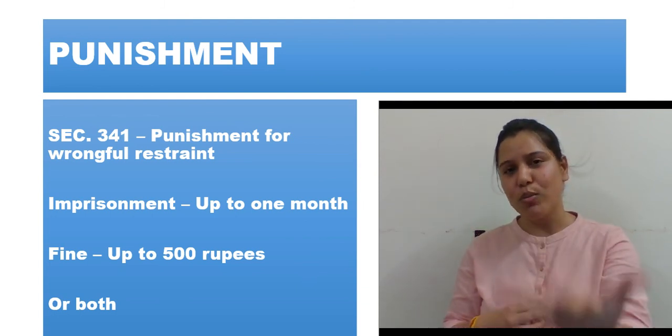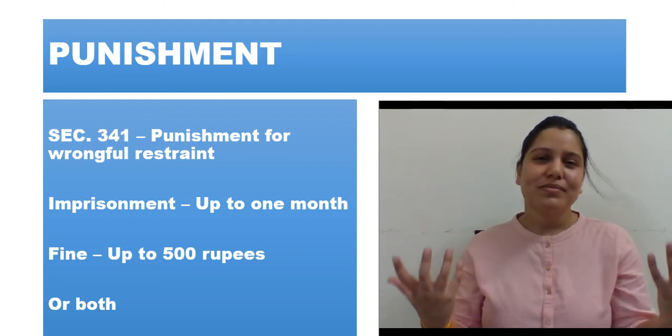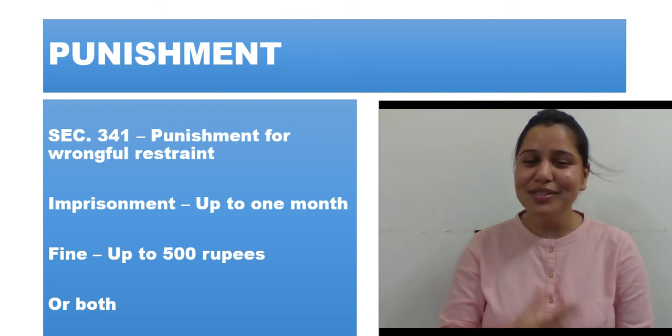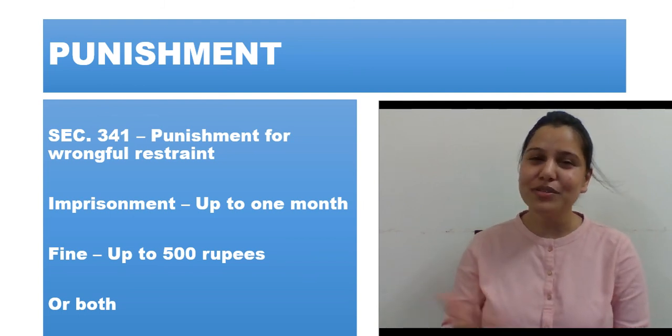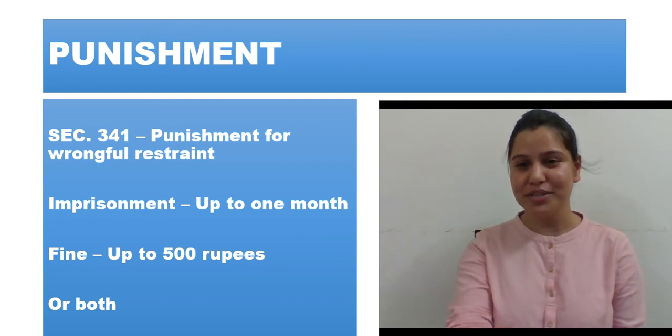Yes, I know it is less in amount, for the obvious reason we read in the section. So 1 month or 500 rupees or both, right? So that is the punishment which is provided for this very offense.